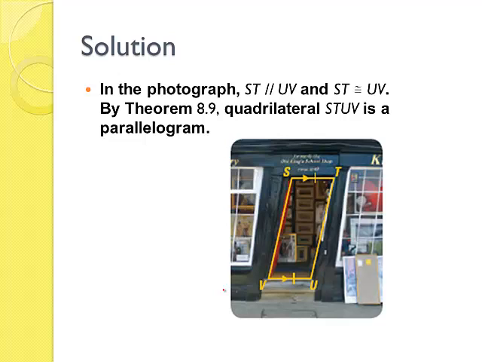So if we know it's a parallelogram, automatically we can conclude that SV is congruent to TU because we've established that it is a parallelogram. SV segment is congruent to TU's segment because of the definition of a parallelogram. We've already established it's a parallelogram.